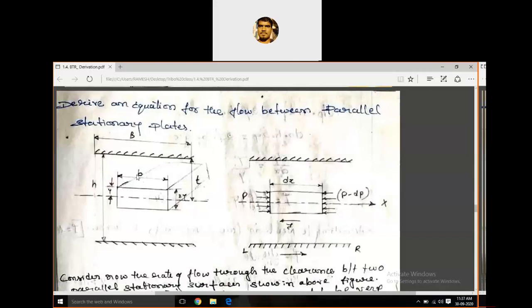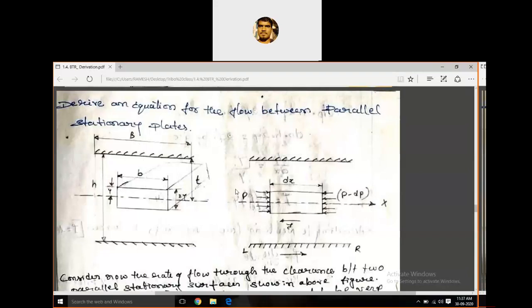Small b is the imaginary element width, and capital B is the width of the stationary plate. The pressure on the left side is higher than on the right side, so the flow is assumed to be steady and laminar.